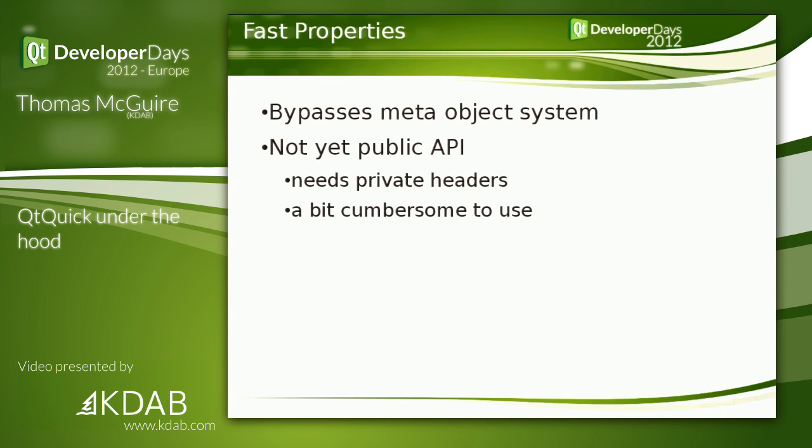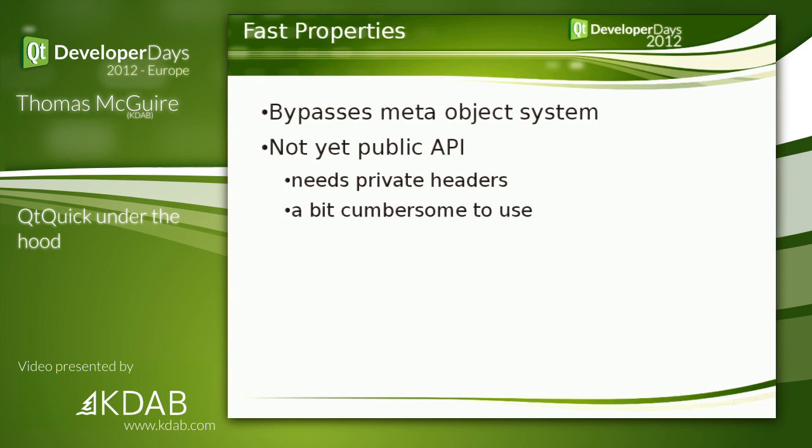That is not yet public API. For one reason, you need to write a lot of macros, and it's not very nice to use at the moment. I hope they will improve that and actually support fast properties in QObject itself. But right now, it's not there yet. Therefore, it's private API, and I hope that will be available soon.